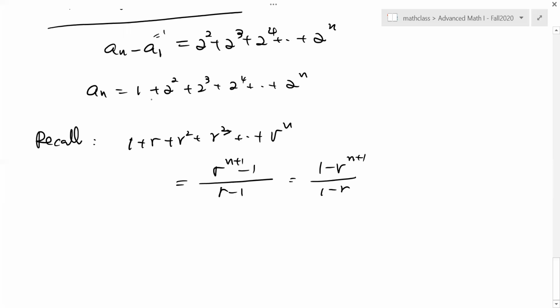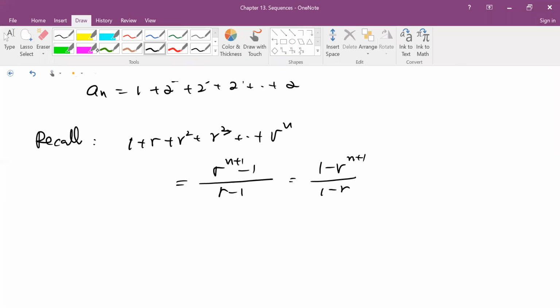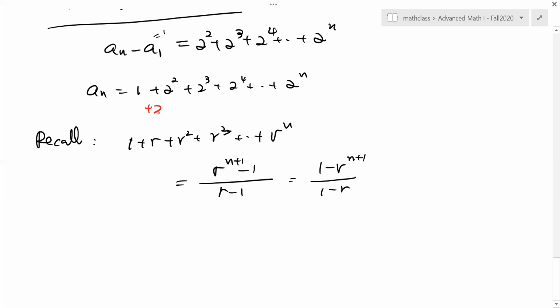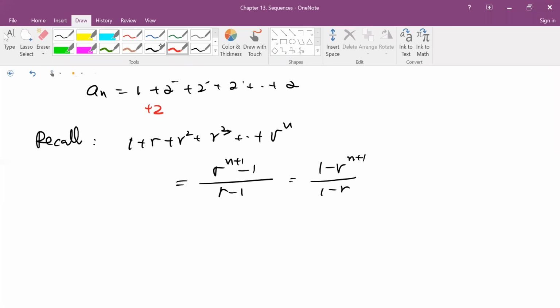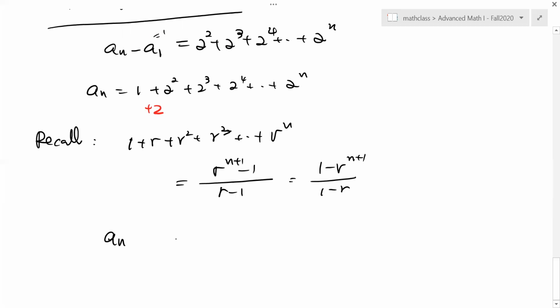So what is missing here? I think we just missed 2, right? So missing the 2. If we add a 2 here, then you can apply the formula. So my conclusion is An is going to be 1 plus 2 to the power n, minus 2, right?